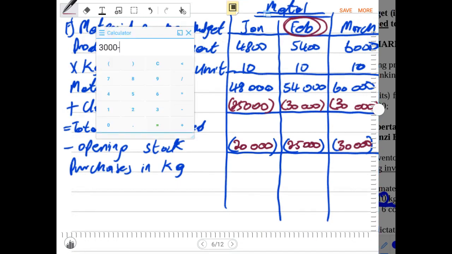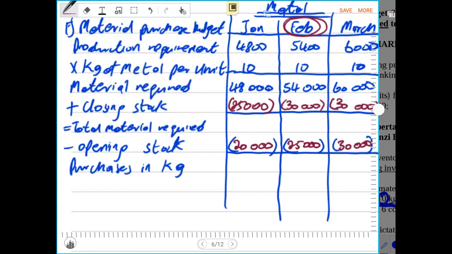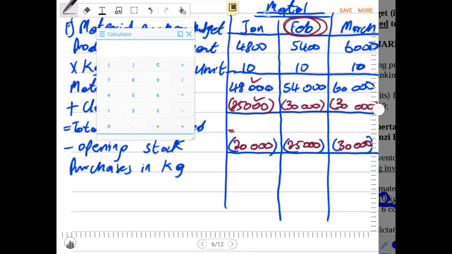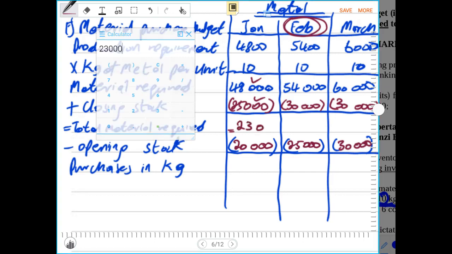Then we say now we calculate first the 48,000, where now we have to say this minus this, we get here to the total. Therefore now we say 48,000 minus 25,000, this will give us 23,000 kgs, which is total material required.